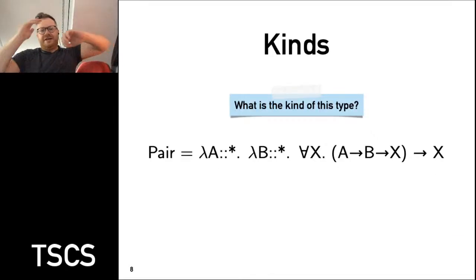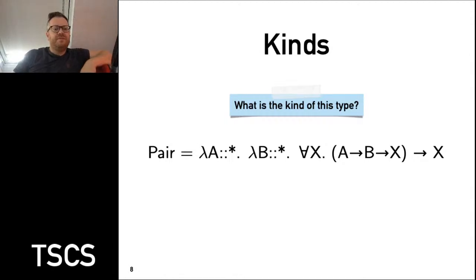Just as an example, hopefully you will all participate in this little quiz. What is the kind of this type? You have pair that takes A, which is a proper type. Have a look at these two colons here that denote not the type, but the kind of the type. So a double colon is kind, a single colon is type.